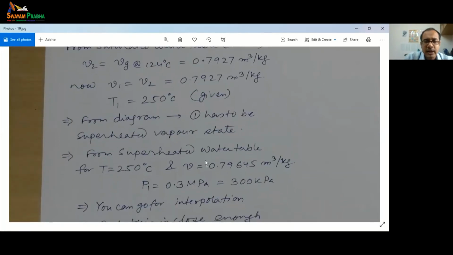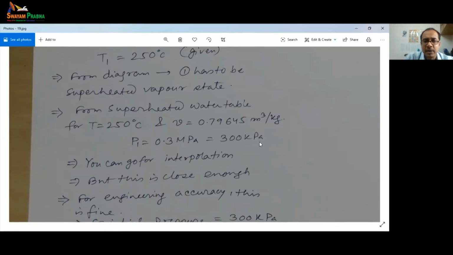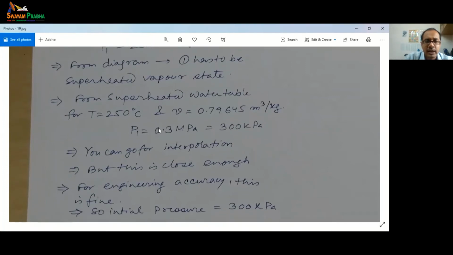For further accuracy we can interpolate in between and find the exact pressure, but for any engineering purpose 300 kPa or 301 kPa does not make much difference. So we can take the pressure at the first state as 300 kPa.